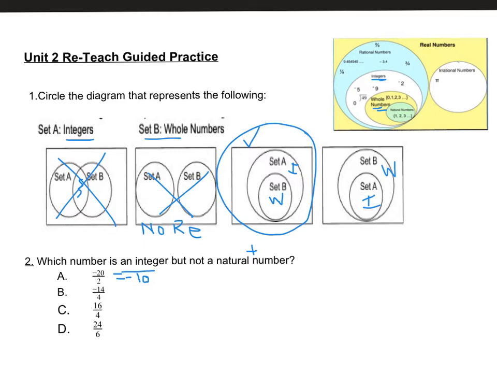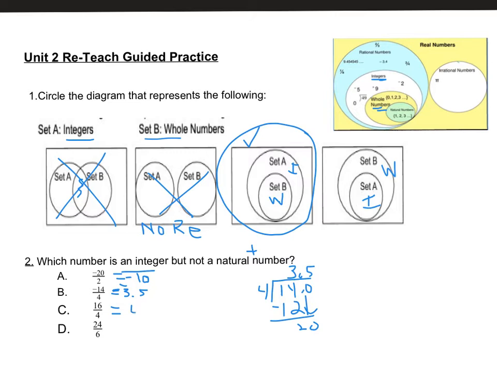Well, if I take 14 and divide it by 4, that's going to give me a decimal value of 3.5, okay? And it's going to be negative. All I'm doing is taking 14 and dividing it by 4. That goes in there 3 times, which is 12, and therefore that goes into 0.5. So that's a negative 3.5, okay?